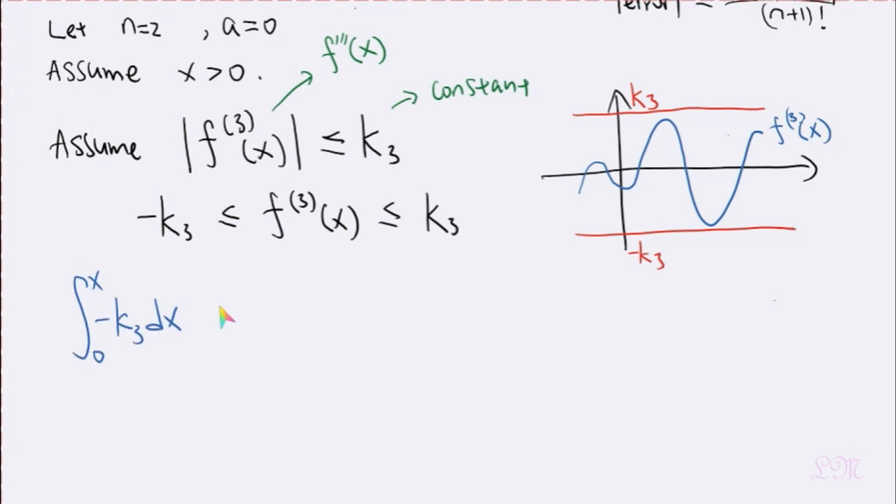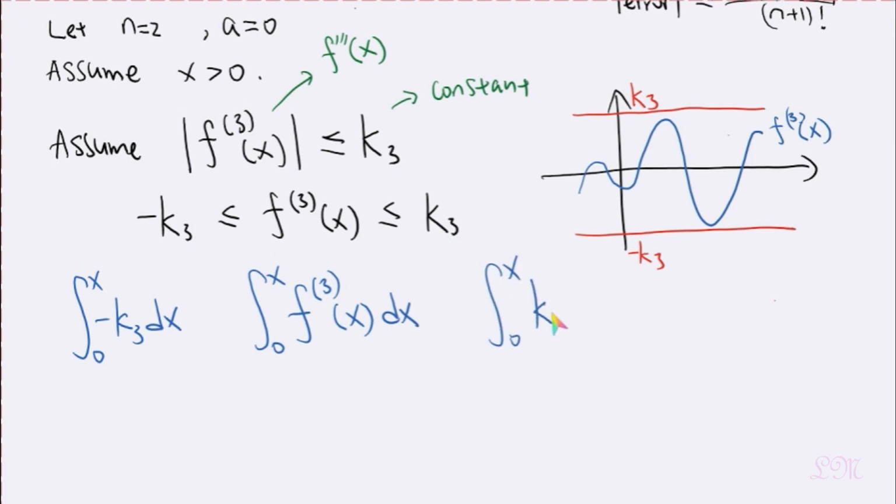And now let's integrate each part of the inequality from 0 to x. After we integrate, the inequalities should still hold. Should make sense. Because if you look at this first integral here, that represents the area of, well, the negative area of this rectangle right here.